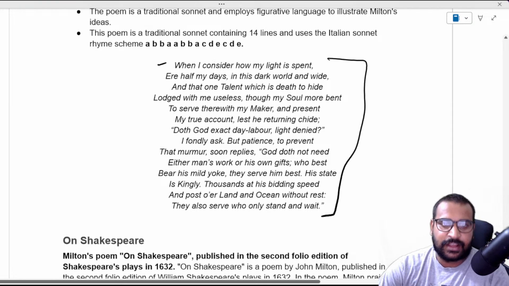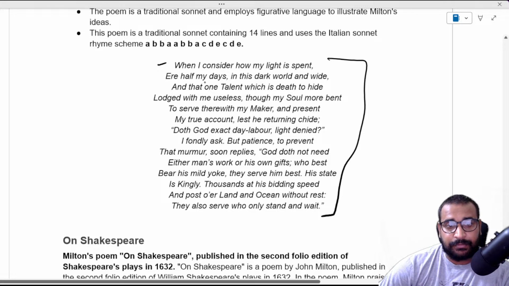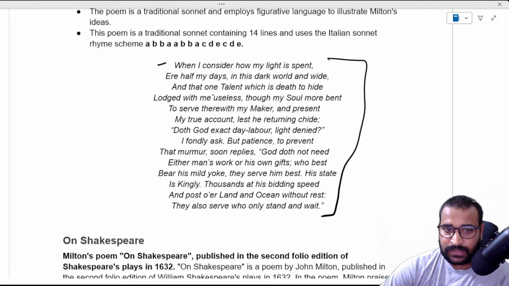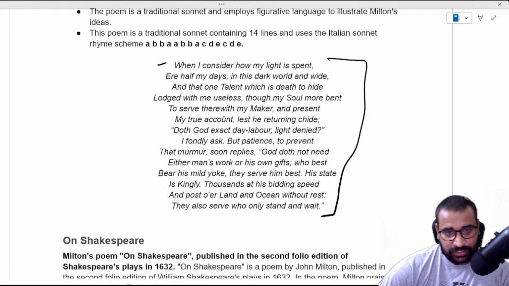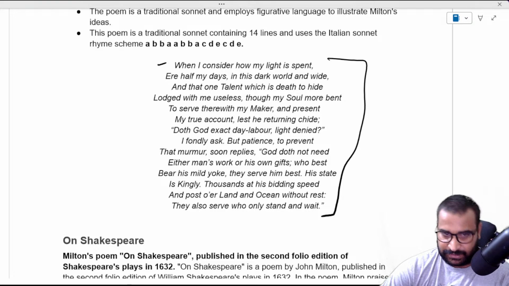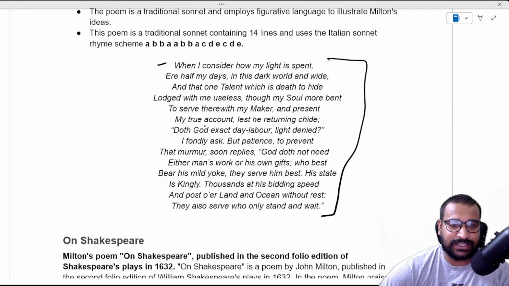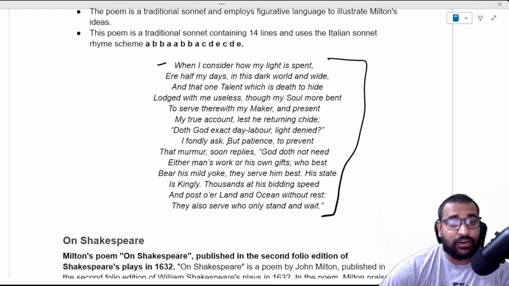First important line: When I consider how my light is spent, ere half my days, in this dark world and wide, and that one talent which is death to hide, lodged with me useless, though my soul more bent to serve therewith my Maker, and present my true account, lest he returning chide, Doth God exact day-labour, light denied, I fondly ask.